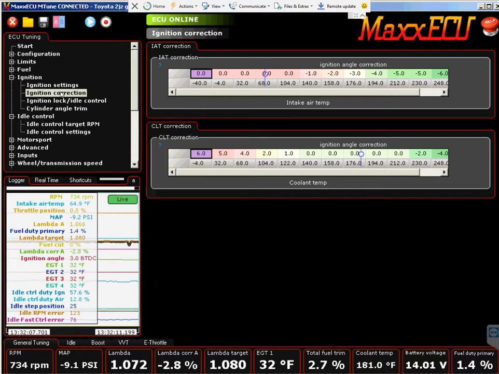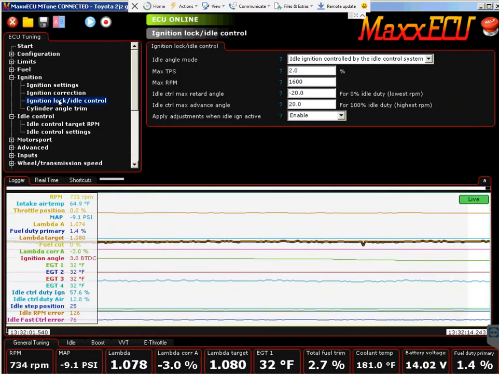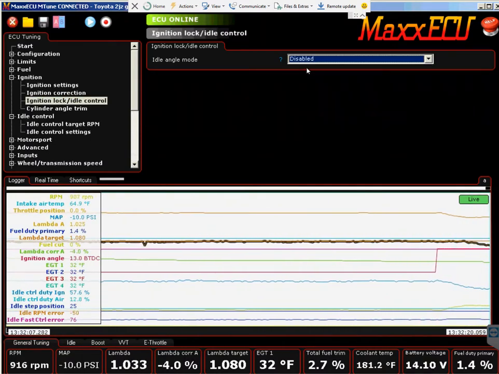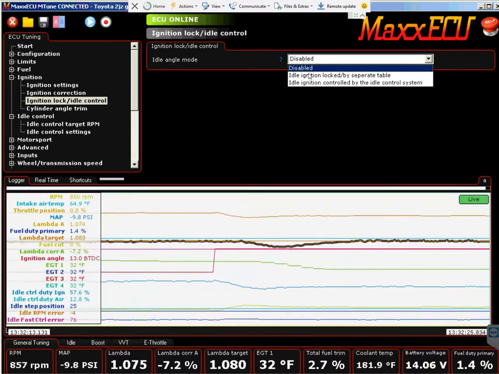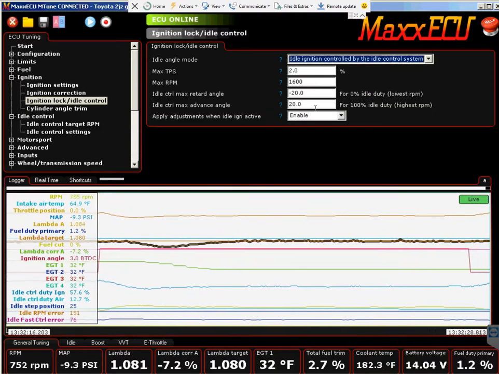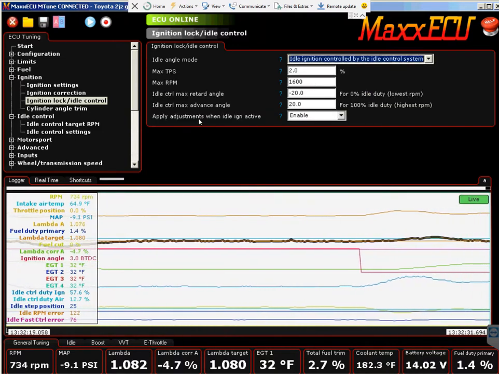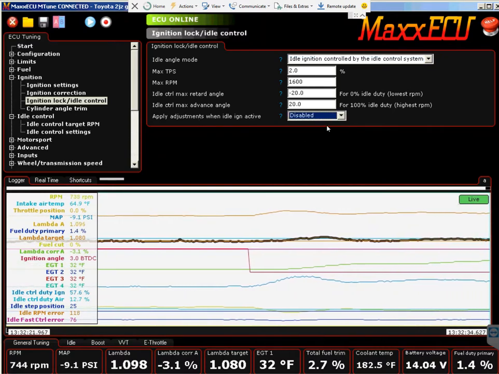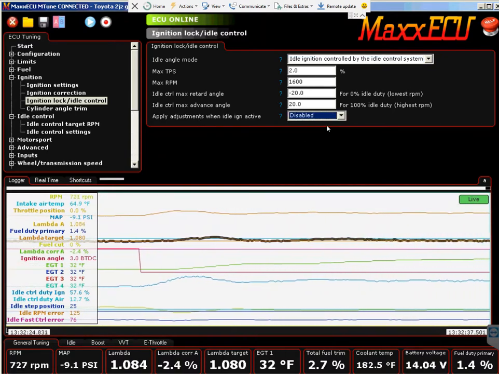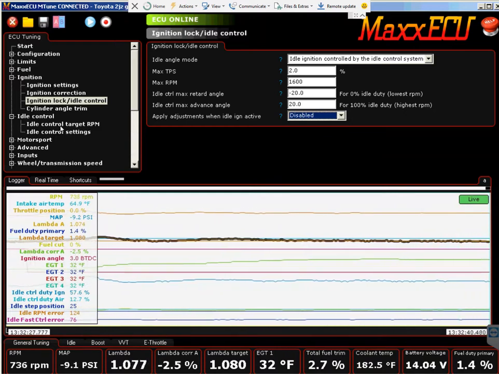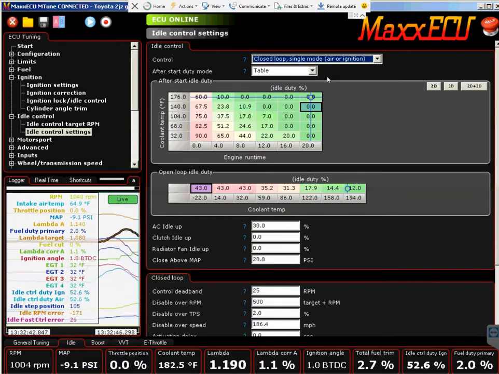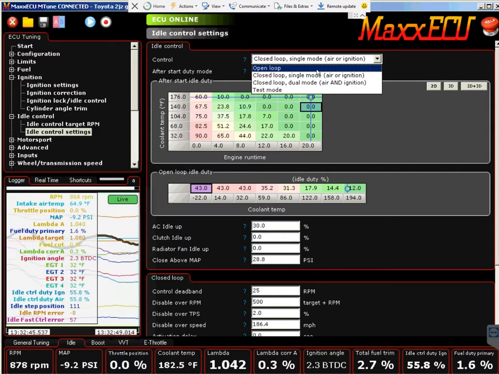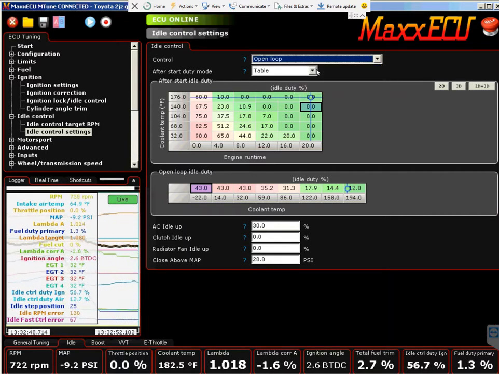Just saying. That goes directly to ignition. When you completely disable it, doing the exact same thing I was doing all morning, going, okay. See, now it's at 2.6.